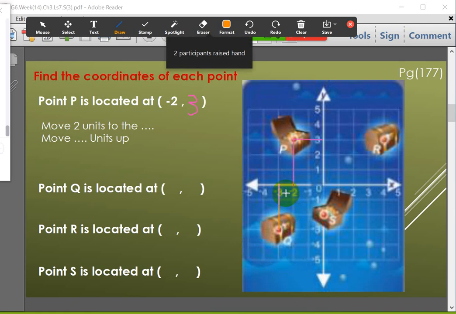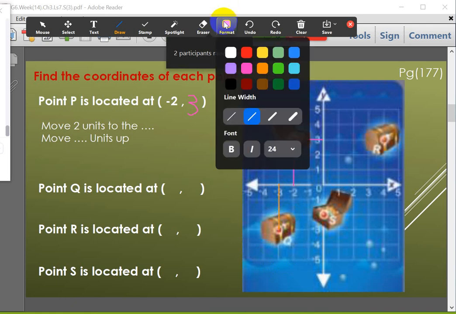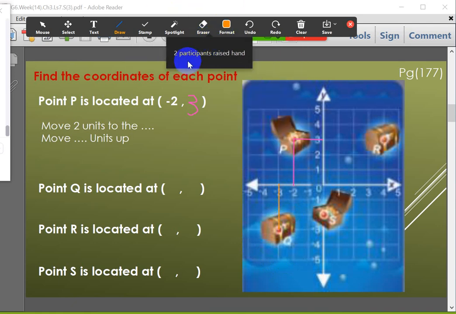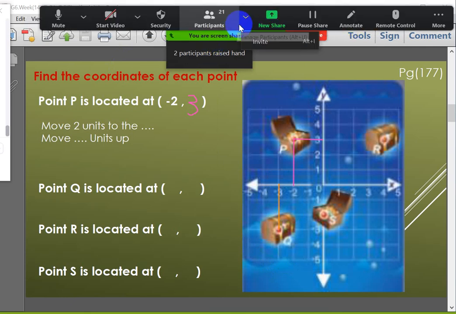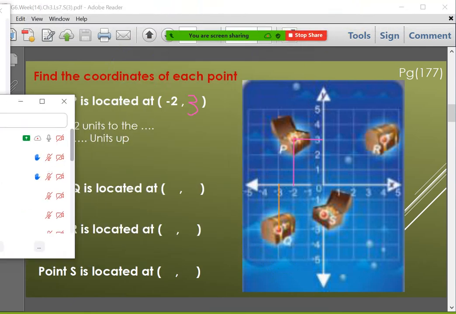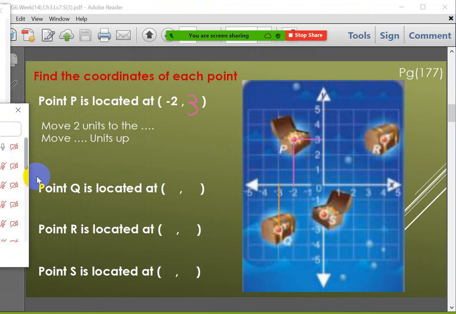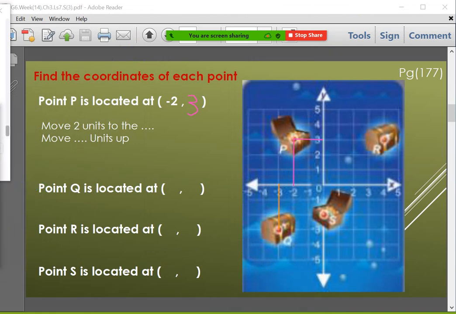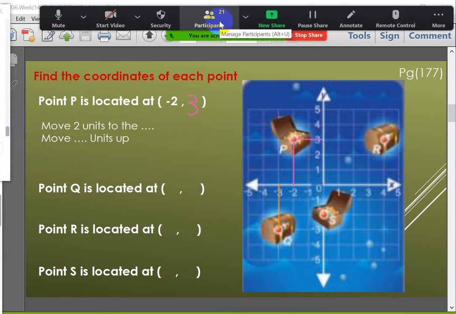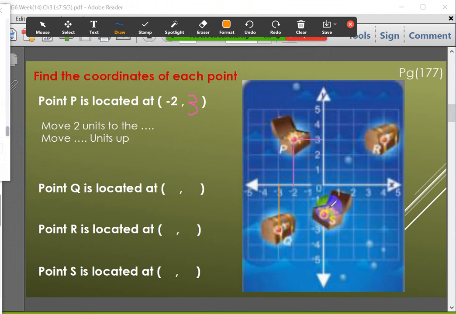What is this number, Lena? Type this number on the chat, please. Okay, very good, Lena. Very good, Farah. Very good, Mariam, sorry. So the number is -3. This is the x-coordinate for Q.